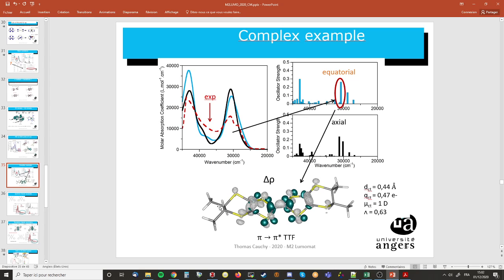For example, here you have chiral stereocenters, carbons, and they are not participating in the transition. That means that this transition has no chiral component, so this will not be a strong circular dichroism band.